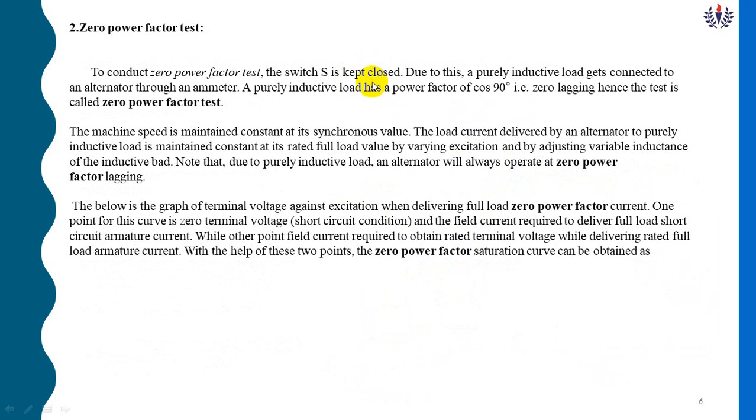When you close the switch, an inductive load is connected to the alternator. To measure the current we need an ammeter. In inductive loading, we set the power factor to cos 90, which is equal to zero power factor.